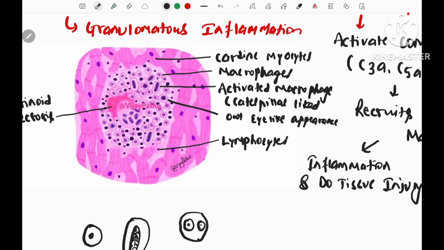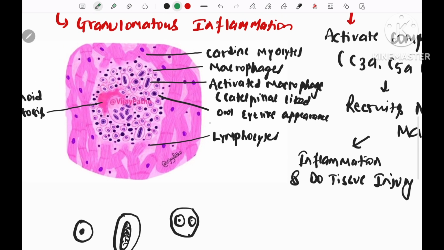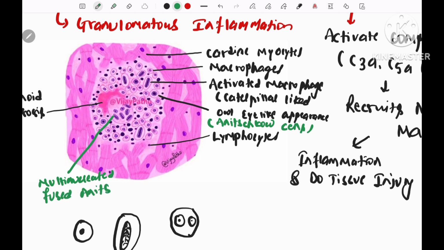These are the two different appearances of macrophages, and we should now know that this type of macrophage is called an Anitschkow cell, or Anitschkow myocyte. And here we are seeing multinucleated fused Anitschkow cells.